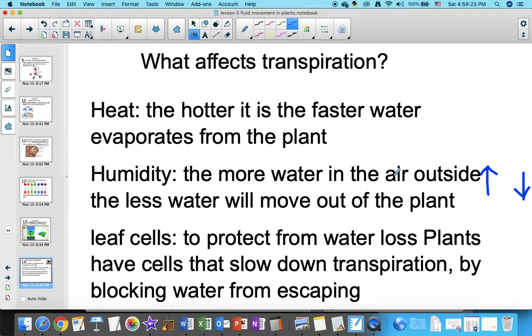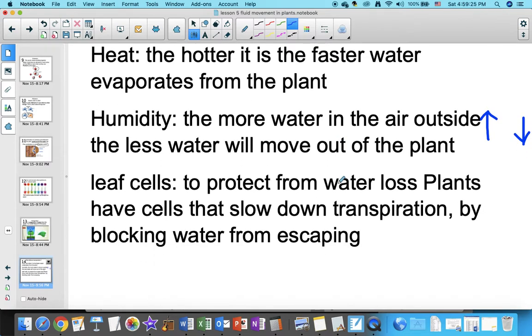Leaf cells also need to protect the plant from water loss. Sometimes you don't get enough water. You don't want to lose all your water through transpiration or evaporation. So leaf cells can actually control or slow down transpiration by blocking it from escaping.